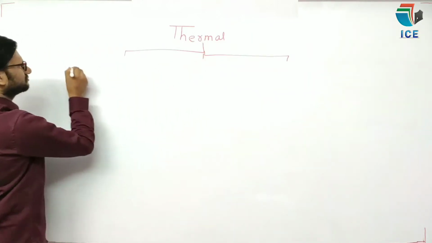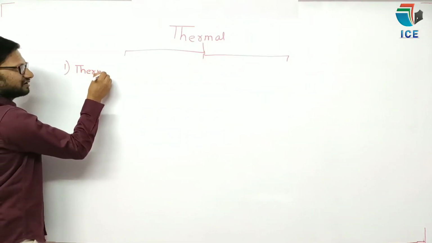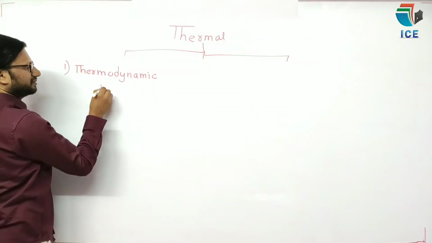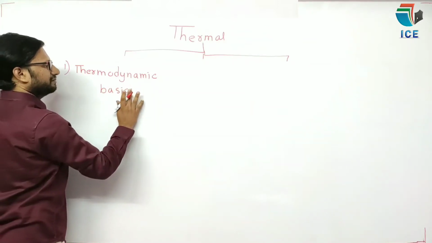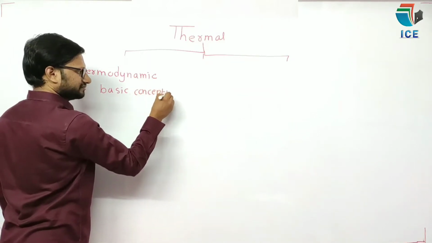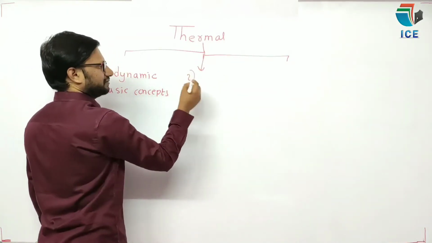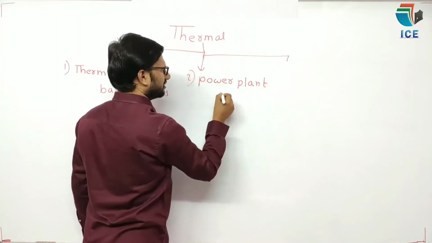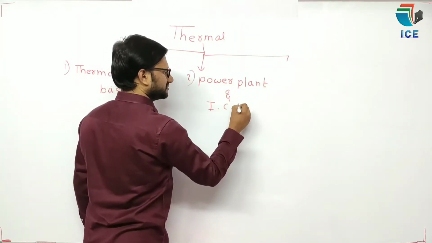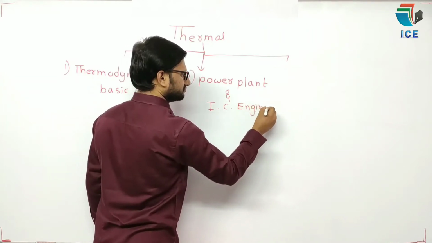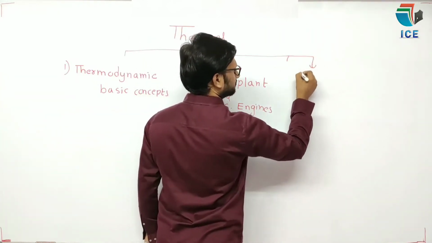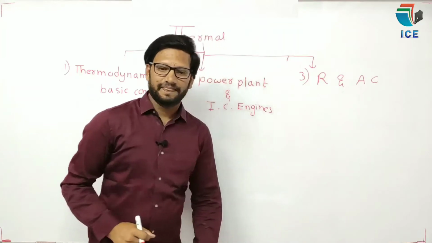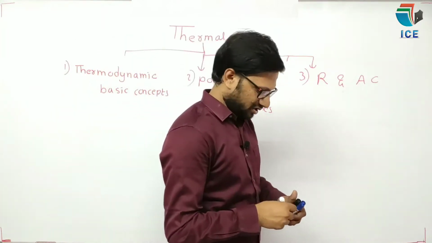One is thermodynamic basic concepts, and second one is power plant and IC engine, and third one is refrigeration and air conditioning. First, we will start the thermodynamic basic concepts.